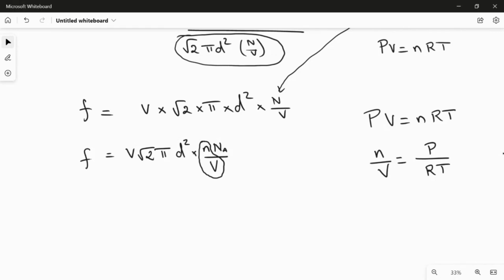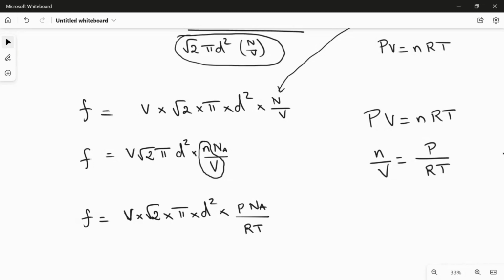If you substitute, this equation will become frequency equal to v, which is the speed of sound at 0 degrees Celsius, multiply root 2, multiply pi, multiply d square, multiply, in this n over V, I am going to use this P over RT, so P multiply Na over RT.